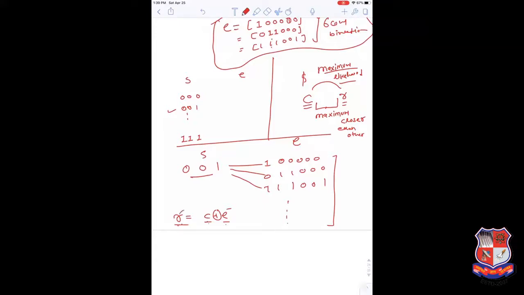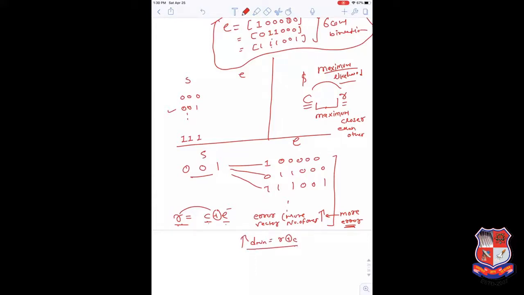So the distance between R and C increases with E, the error vector. If the error vector has more ones, meaning more errors, then proportionally the distance between R and C would be increased, right?